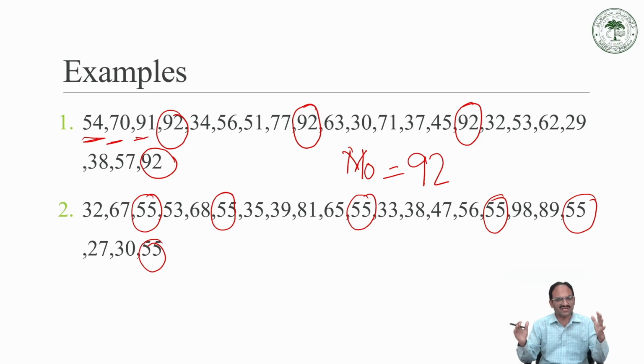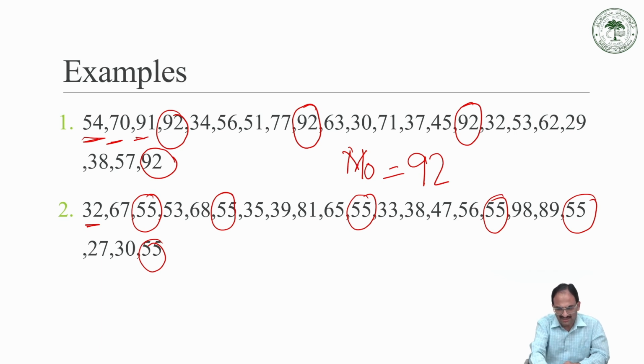So 55 is such a number which is appearing in this data set 6 times. So 55 has the highest frequency, 6. There is no other number which has repeated itself in this data set 6 times. If you check 32, it's appearing only once.